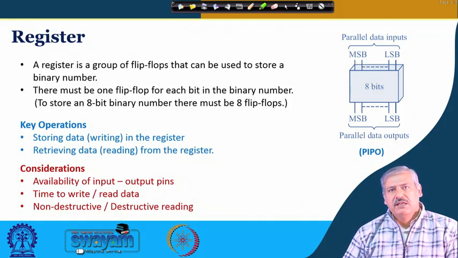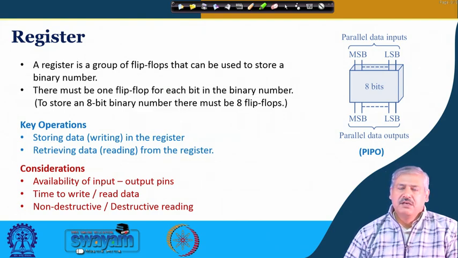So, directly loading it from the input side, the way the flip flop truth table tells us, if it is a D flip flop, then 8 such D inputs will be there, and the reading will be from the 8 Q outputs. And if you want Q bar, then Q bar also can be made available. So, that is the way of writing and reading.